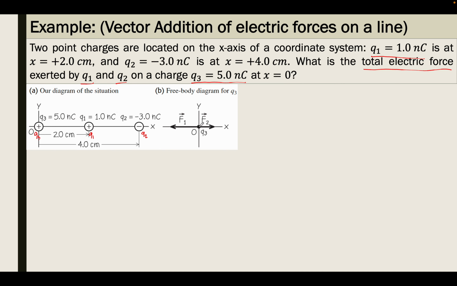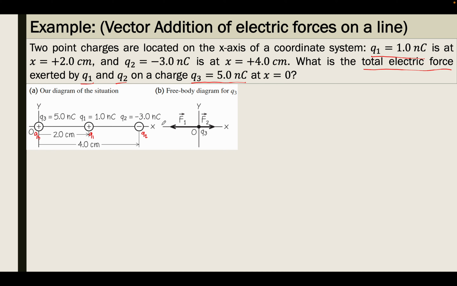That's why F2, the force that Q2 exerts on Q3, is moving along the positive x-axis, whereas the force that Q1 exerts on Q3 is a repulsion, meaning it repels Q3, so the force is going to the negative x-axis.